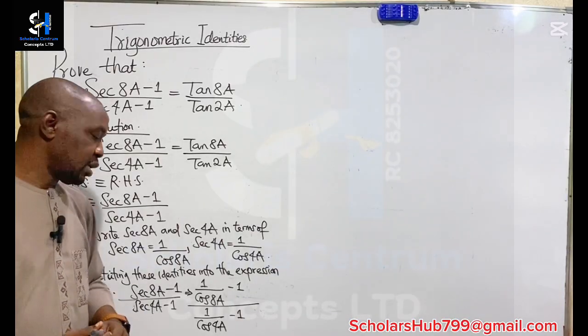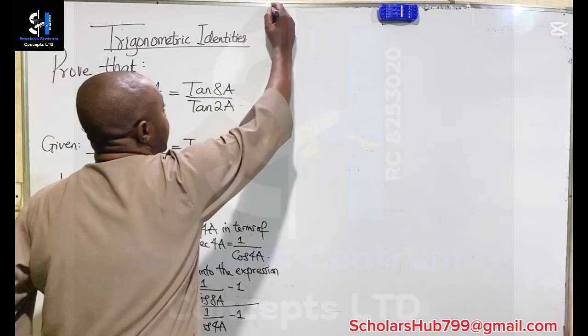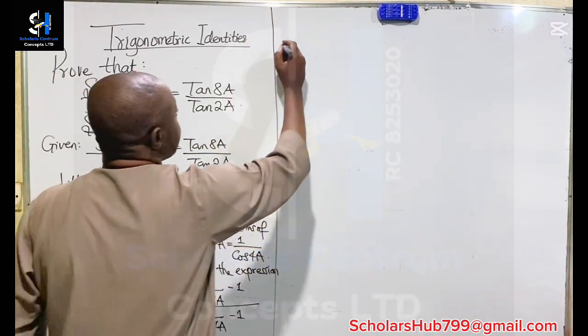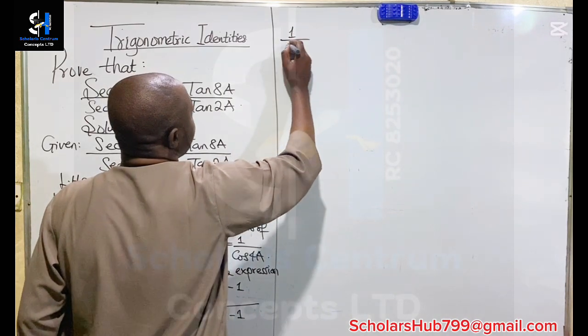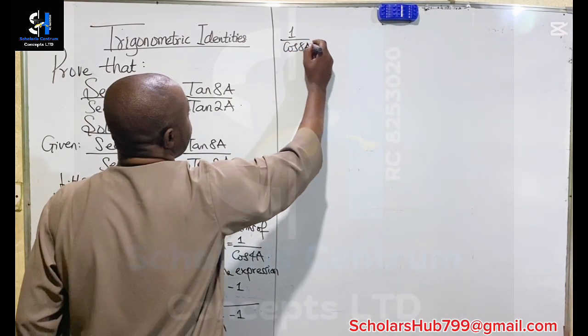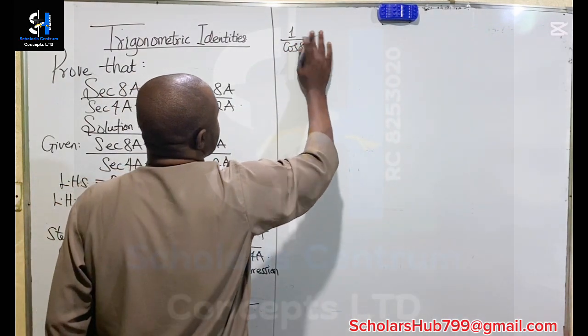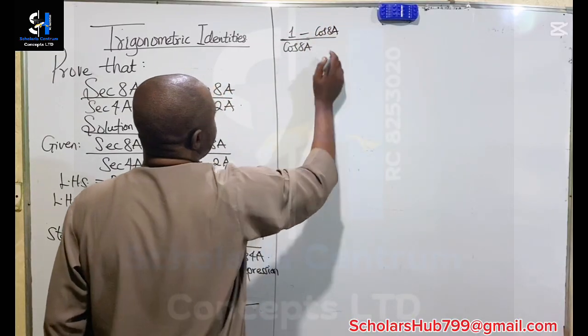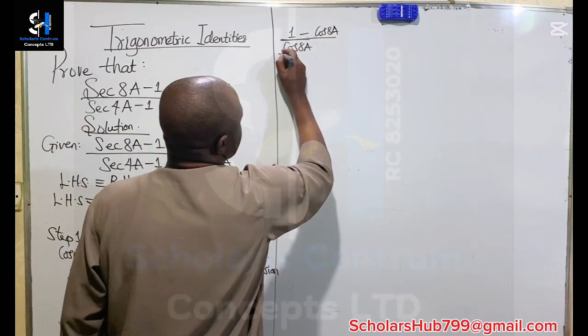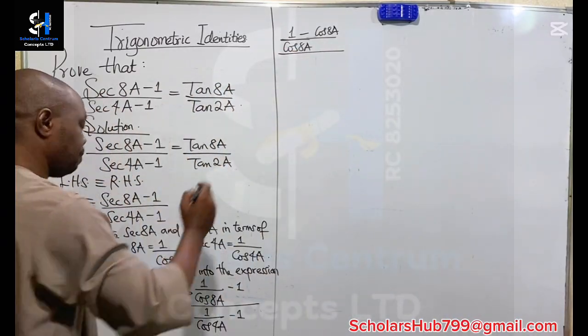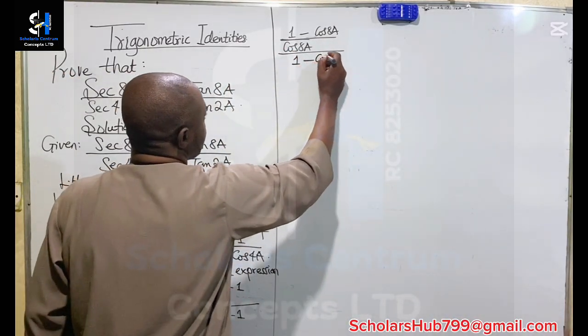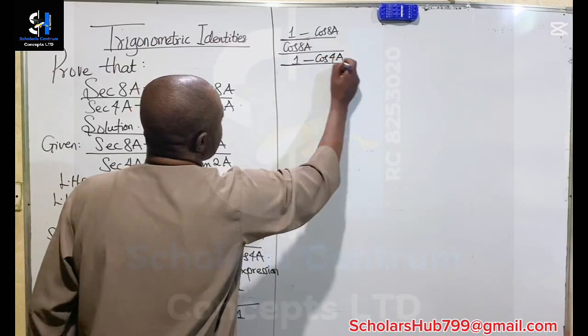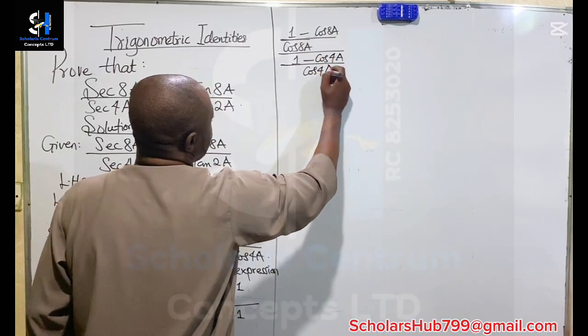Now let's simplify this expression. We have 1 over cos 8a minus 1, which is (1 minus cos 8a) over cos 8a, divided by (1 minus cos 4a) over cos 4a.